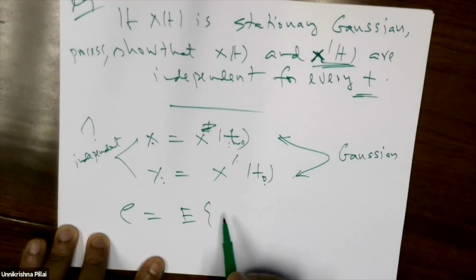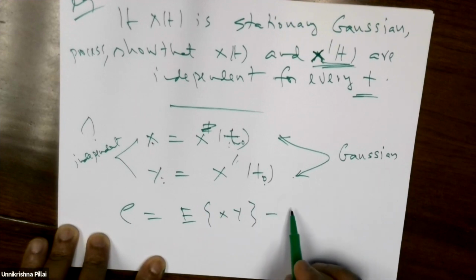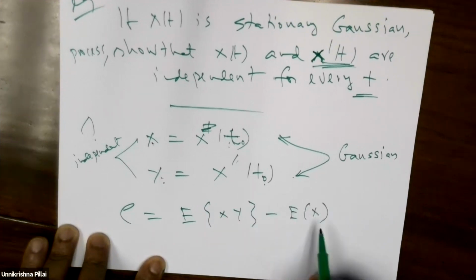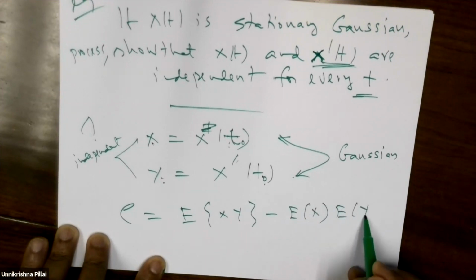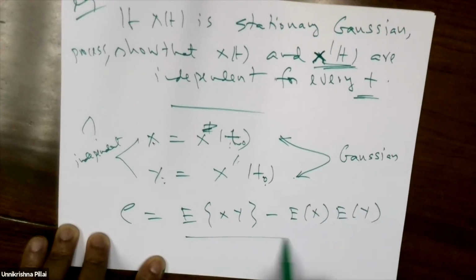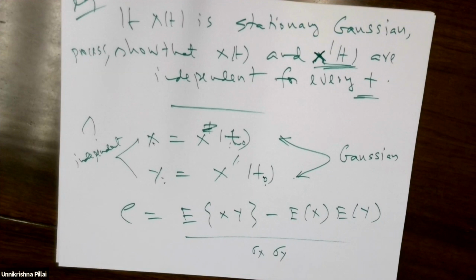E[XY] minus mu x mu y, divided by sigma x sigma y. Not variance, sigma x, sigma y. All right, what is Ex from the problem?